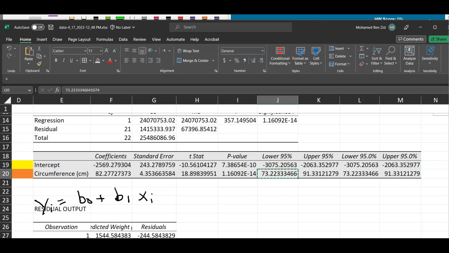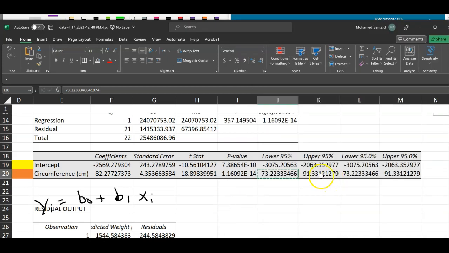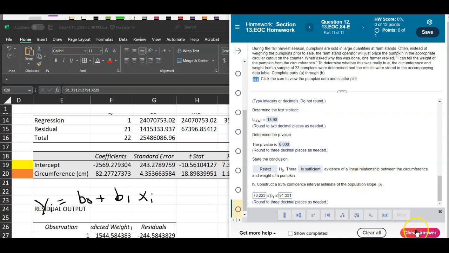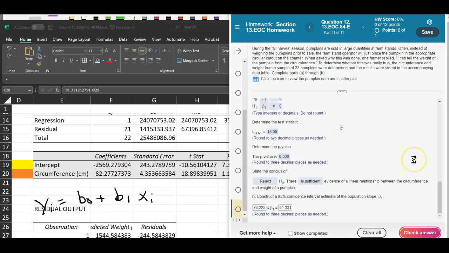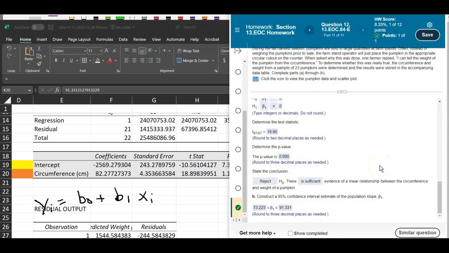You can plug it in, and you want to round it to 3 decimal places, so it's going to be 2223, and this should be your upper boundary, and this is going to be that value rounded to 3 decimal places, and all set. Okay, let's check it. Right, and that's all set.